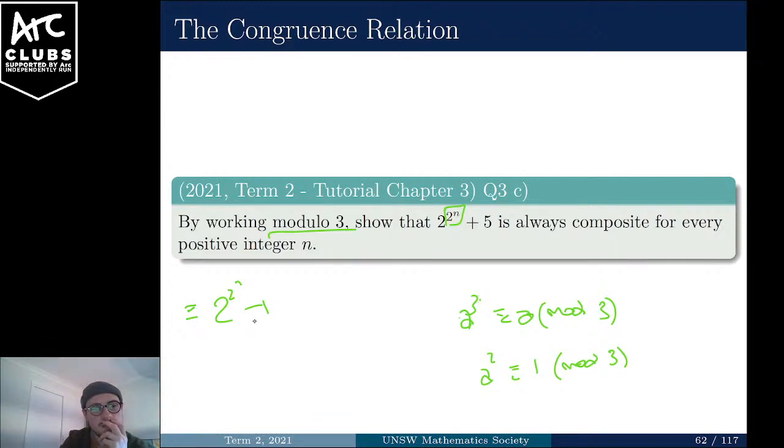Congruent to this, which means that we have to show that it's always composite.